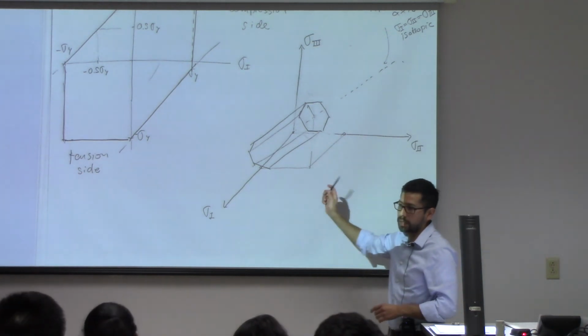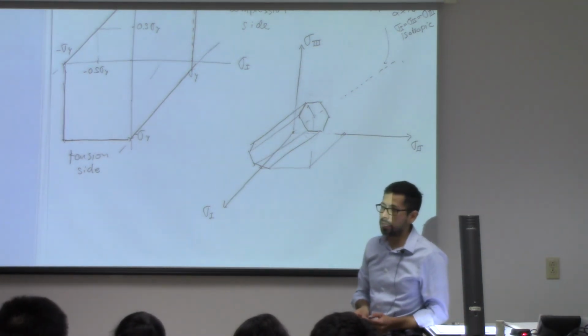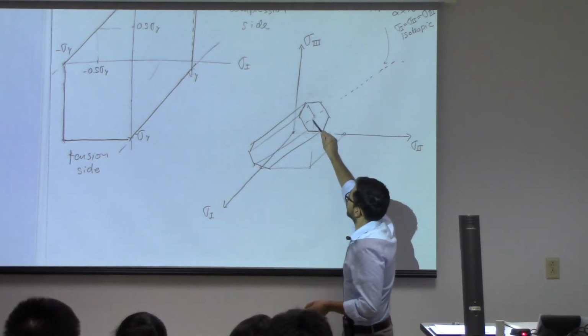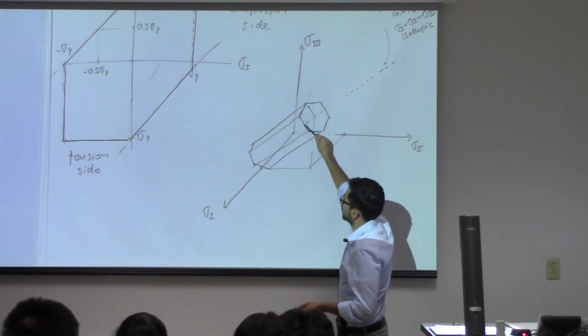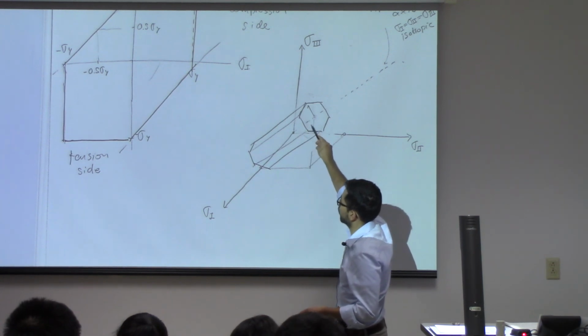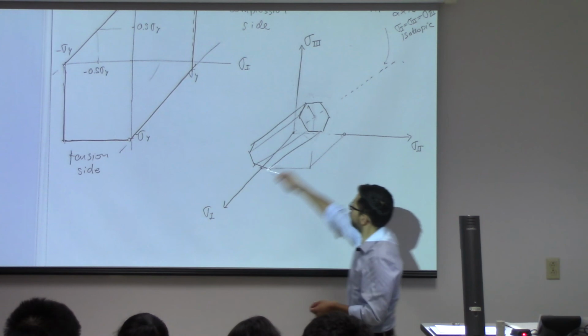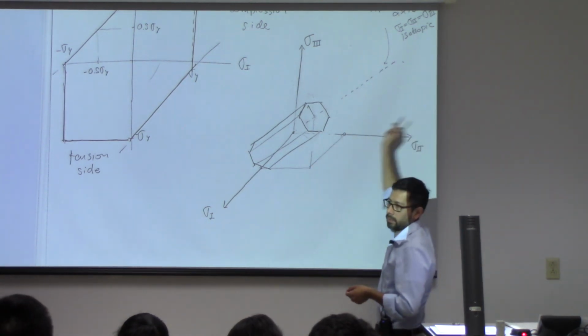No, because the Tresca criterion is a stress insensitive criterion. So the length of the hexagon sides is going to be always the same. Either if you go infinitely in tension or infinitely in compression, it's going to be always the same.